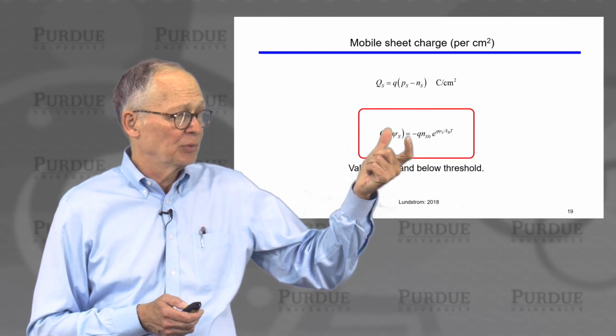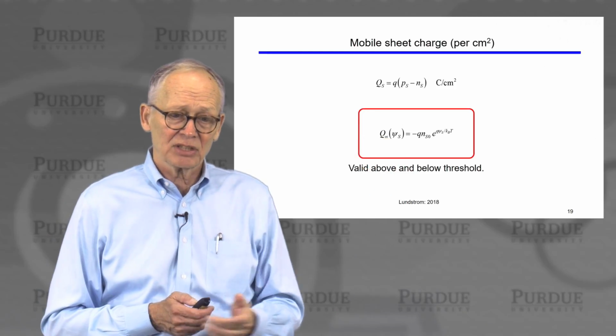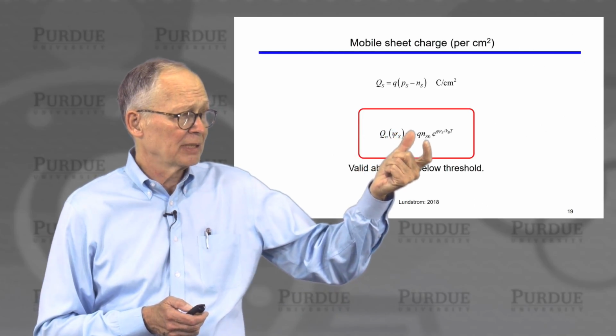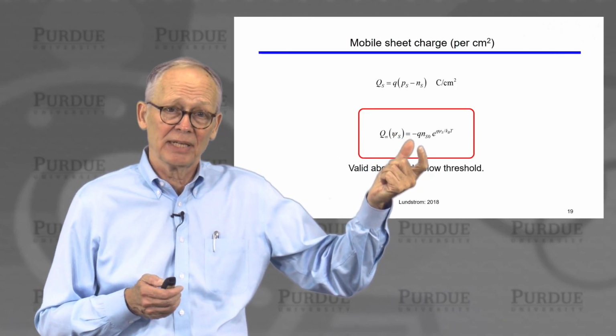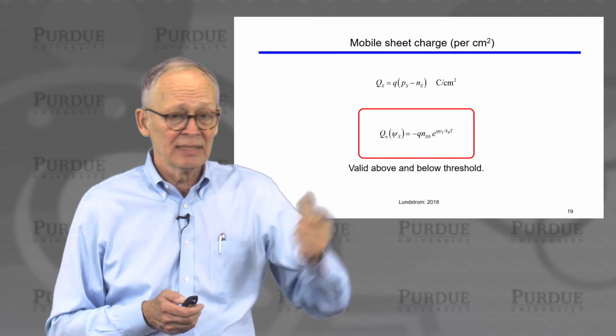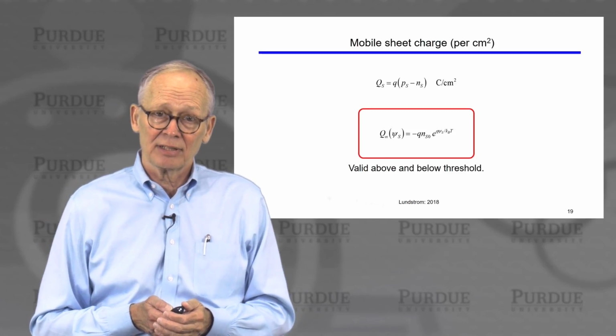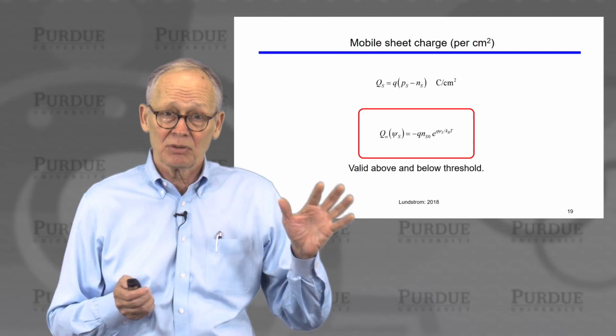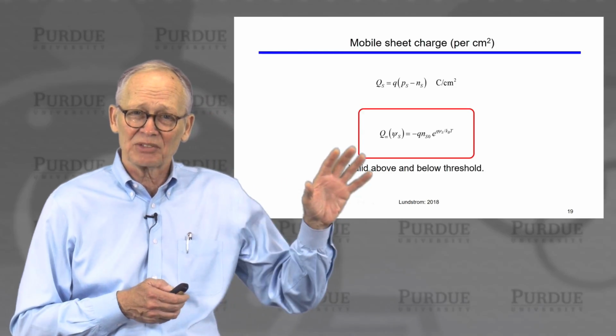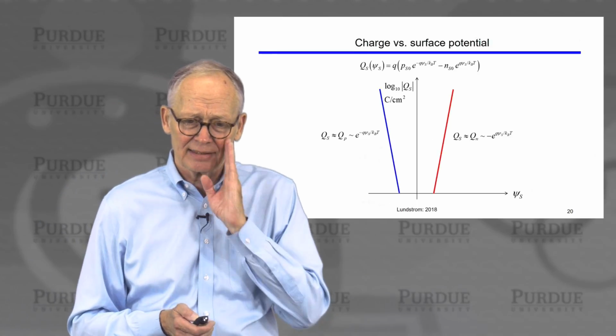So we conclude, if we're just interested in the mobile electron charge, that it's minus q times its value at 0 potential, which is determined by the metal semiconductor work function difference, times this exponential factor that involves the potential of the semiconductor. This is valid above and below threshold. We know there's no electric field involved in this calculation.